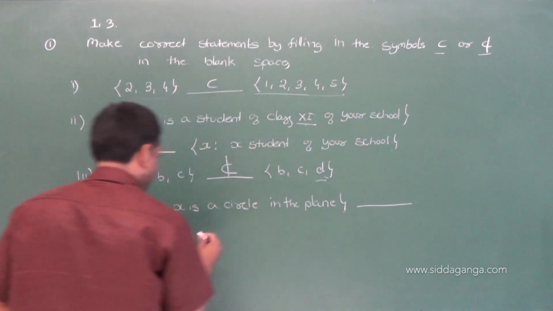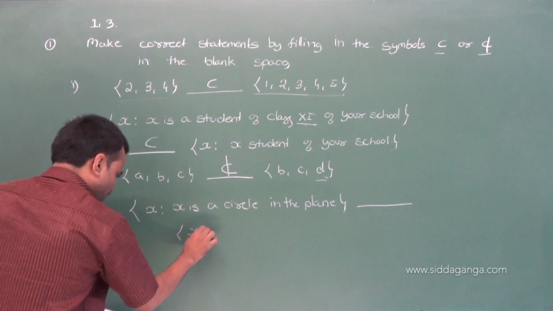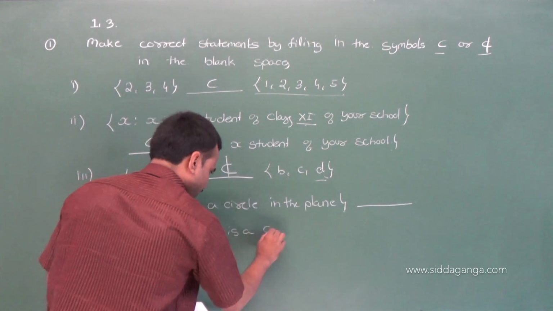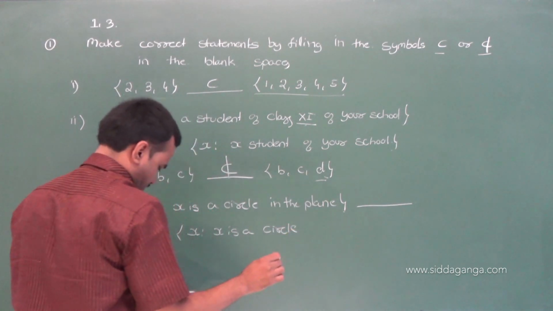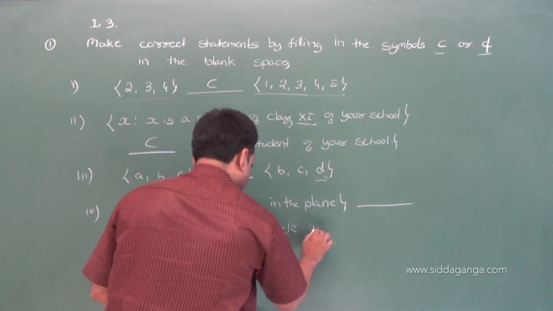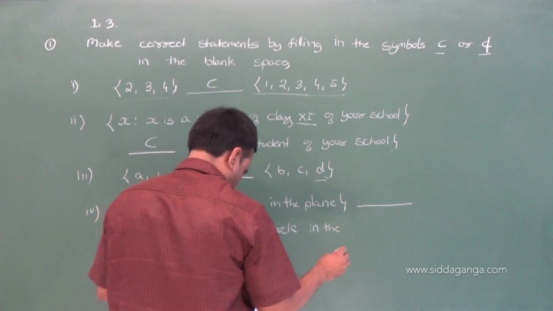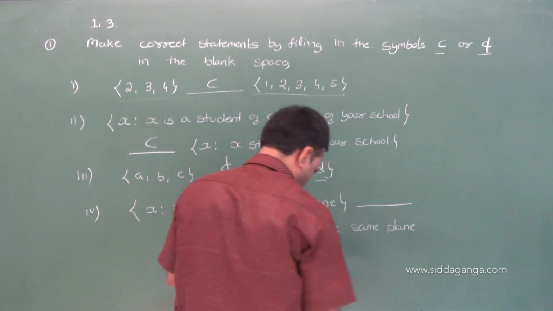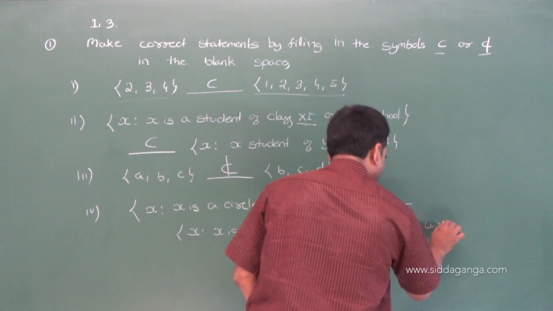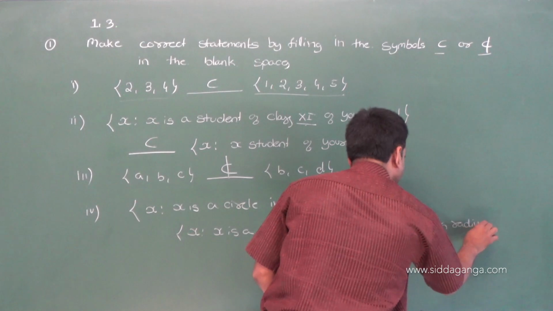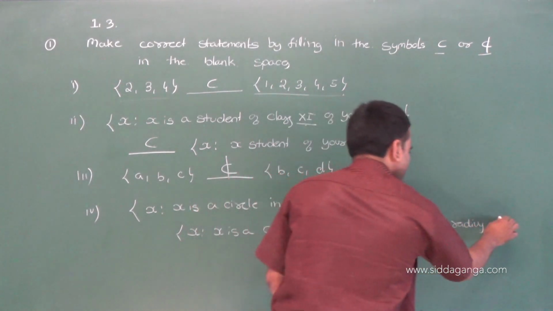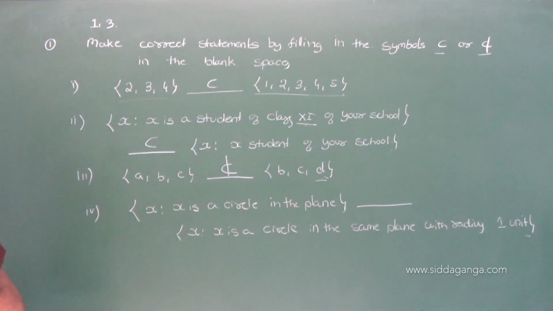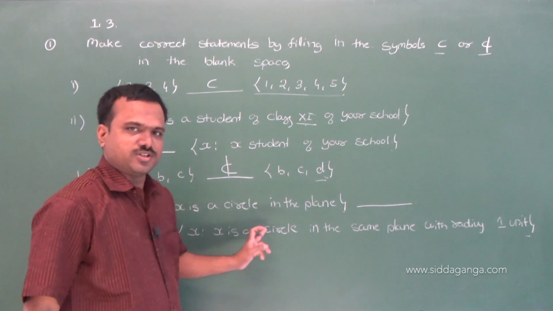Dash right below: X such that X is a circle in the same plane with radius, very important, radius 1 unit.